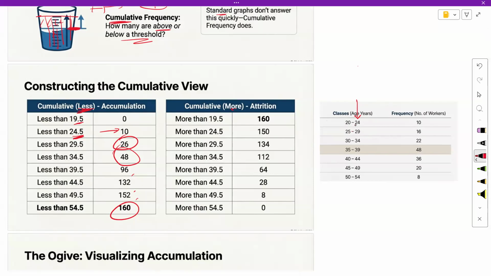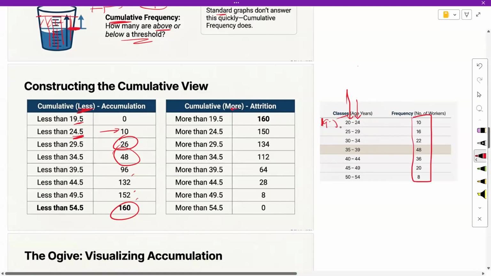But for more than, we consider the lower boundary of the class. So here we can write above 19.5. How many employees above 19.5 age? We consider all.